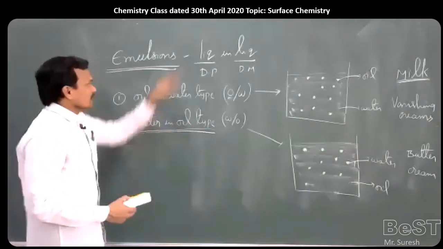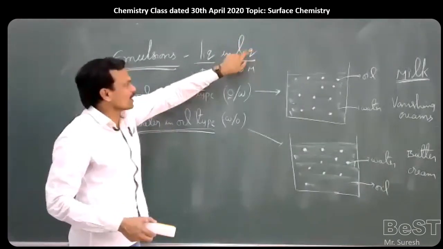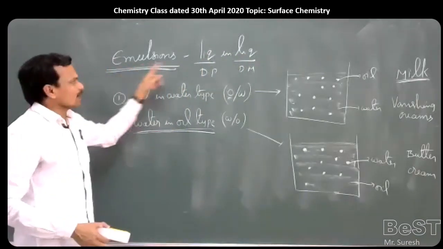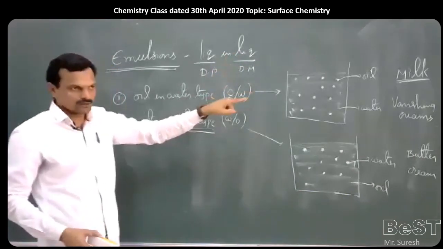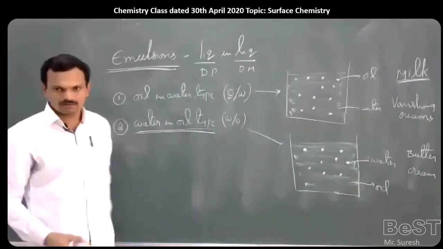So overall, if a liquid gets dispersed in another liquid as colloidal particles, then it is called an emulsion. Among these two liquids, one is immiscible with the other or partially soluble. Generally among those two, one is water and the other is oil.